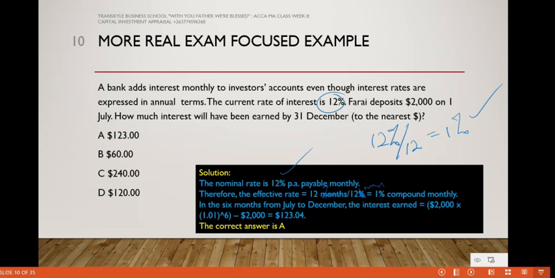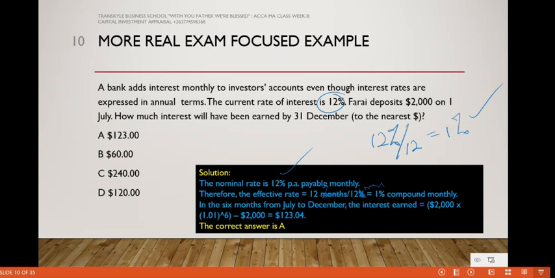And we then have to deduct the $2,000. Because the question is asking how much interest will be earned, we only want the interest component.